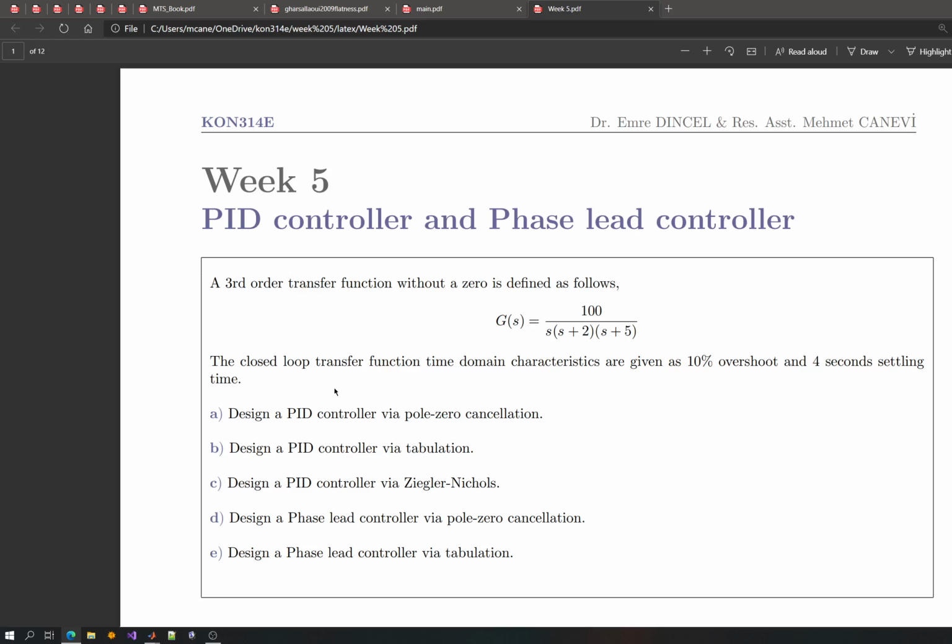And the other word for tabulation is gridding. So you can grid a certain interval. You can take samples in an interval and try those and look at the results. Now, basically what we will do is we will iterate here. We will try to look for an interval and look at the results and choose one of those solutions or solution candidates.